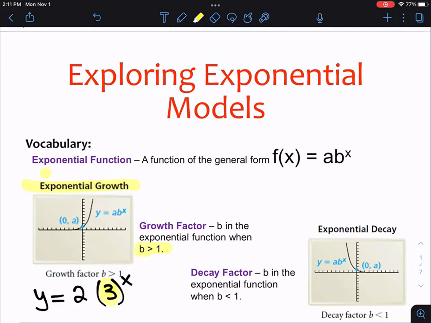On the right-hand side, we have exponential decay. I know it's exponential decay anytime the growth factor is less than 1. So we could have y equals 2 and then 1/2 in here to the x power. Again, the b value for this problem is 1/2, which is less than 1.